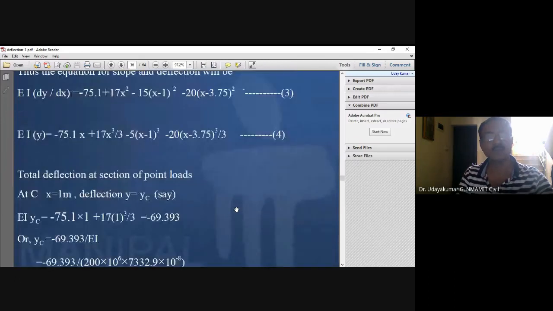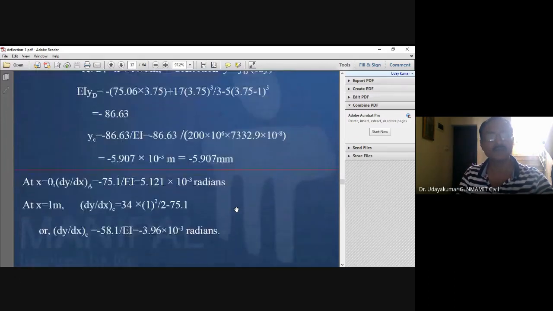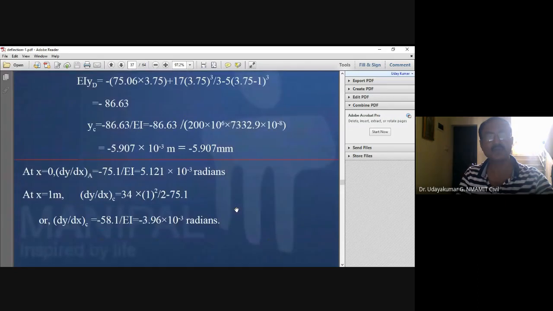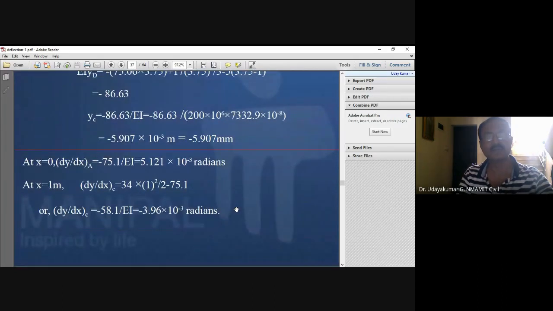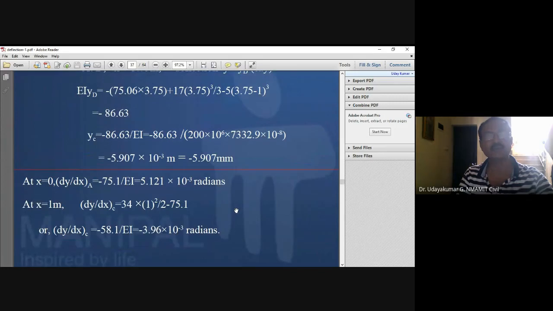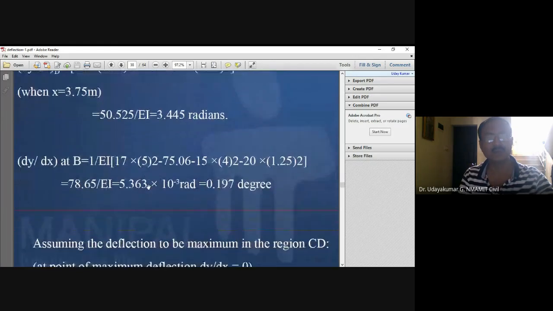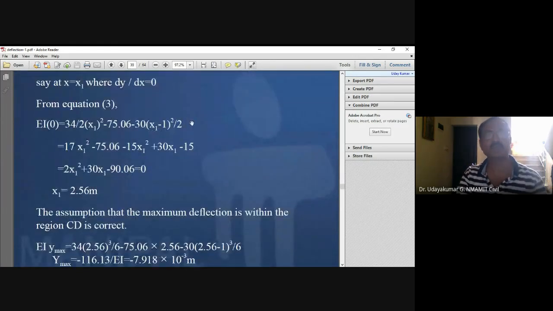While getting this value of x, the precaution you have to take is to neglect the terms containing the negative value. That is why it is considered only between C and D, only that equation is used, leaving the other terms. EI dy by dx equal to 0, the first part and the second part of the equation are used.